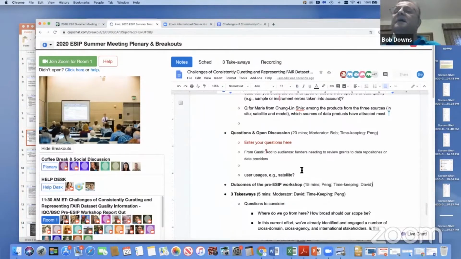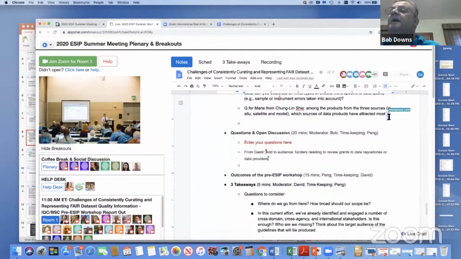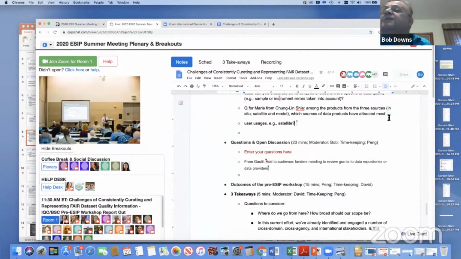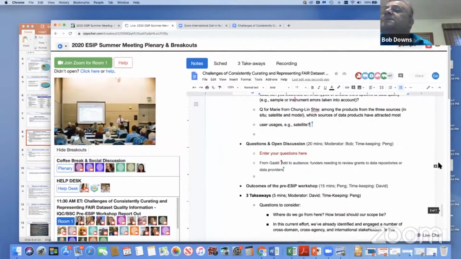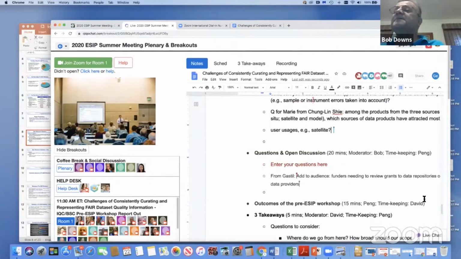Yeah, I actually saw a comment in the chat from Castile, and I hope I'm pronouncing that correctly. And that's to add funders to the audience, because they could use the information when they're reviewing grants to data repositories or to data providers. So yeah, I think that's a great suggestion from Castile.